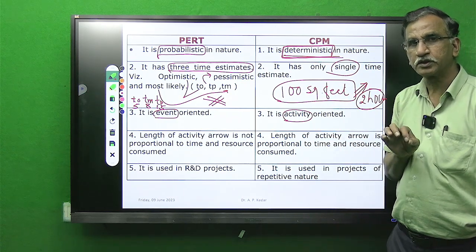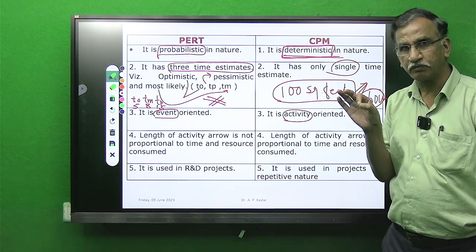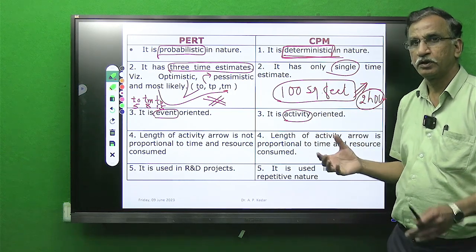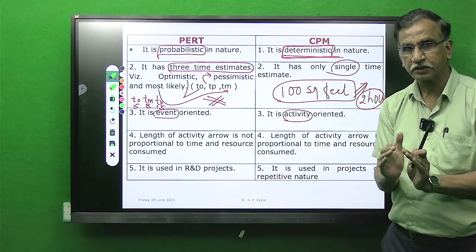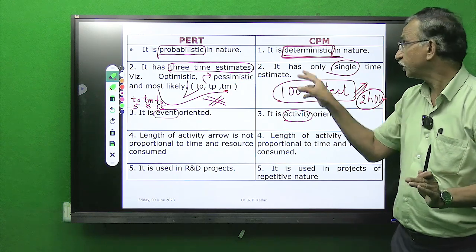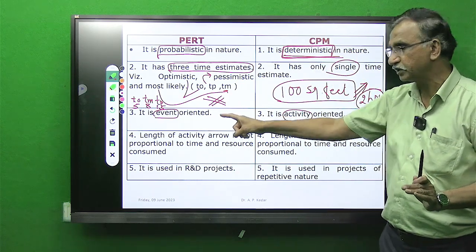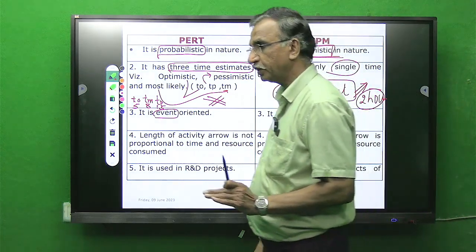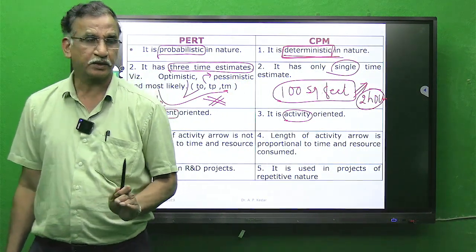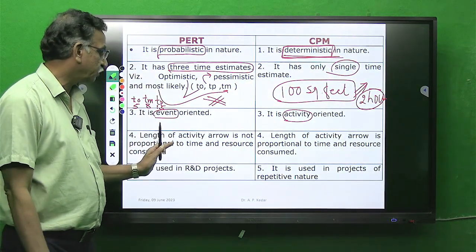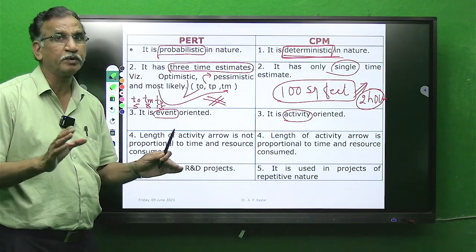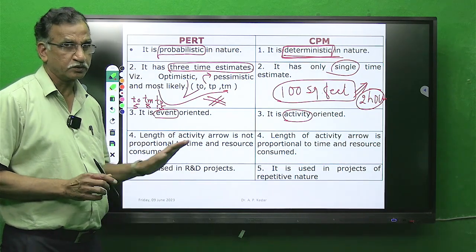Since it is deterministic, we are sure how much time each activity will need, and therefore we can have a proportionate network with only one time estimate for all activities. But since multiple time estimates are there in PERT, the length of the activity arrow may not be proportional. That is the difference.